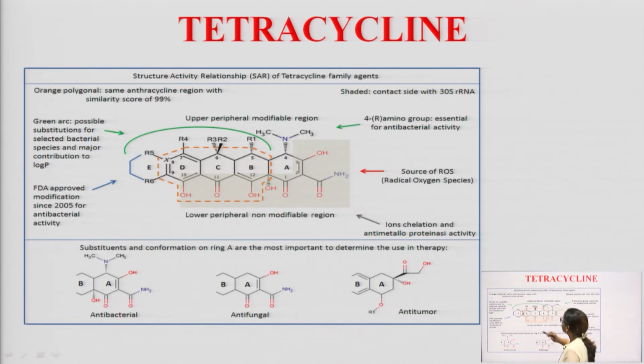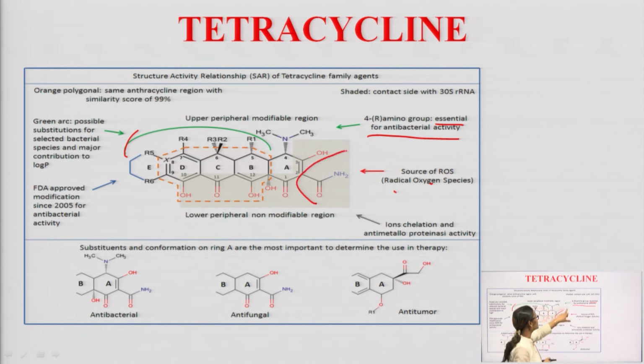Okay. Then the green arc, possible substitution can be done. Then the fourth position amino group is essential, I have told you that the dimethyl amino group is essential. Then reactive oxygen species can be formed with this CONH2 group.